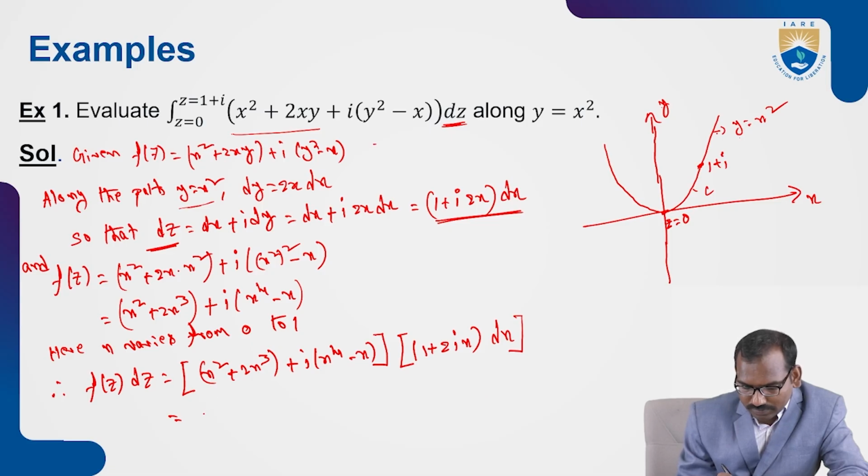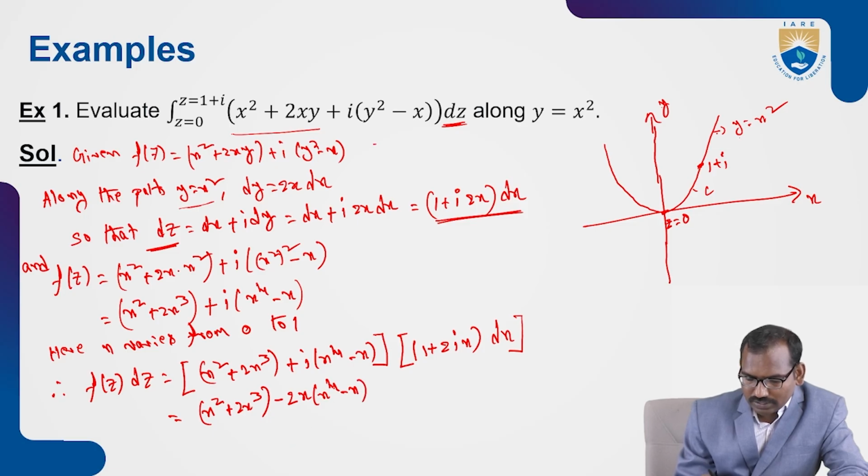So I will have x square plus 2x cube. Next I want to write imaginary part. This is minus 2x times x to the power 4 minus x.